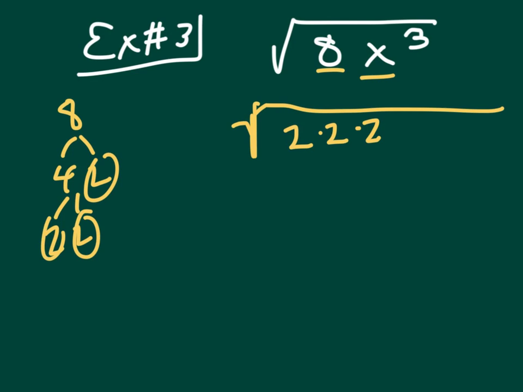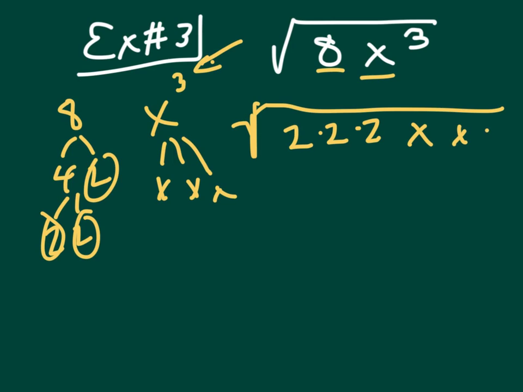Bottom of the tree, 2, 2, 2. Well, what about this x? Well, a cube means multiply it by itself 3 times. So this can be broken down into x times x times x. So I go x, x, x. If it was a power of 7, I'd have 7 x's.